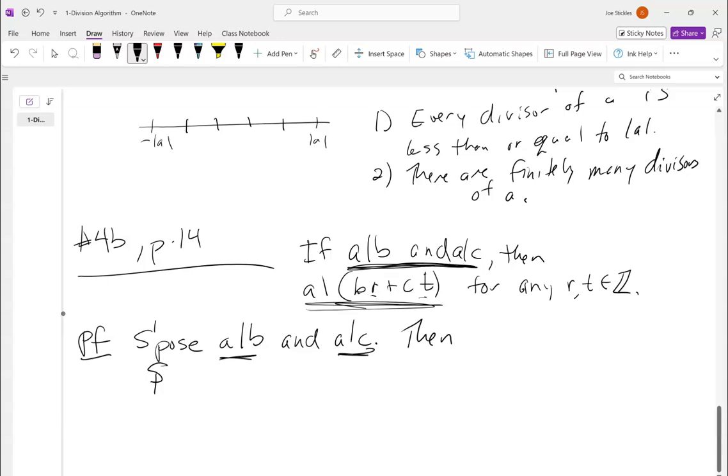But you're exactly right. Same idea. So, just pick a different letter. I'll call it X. So B is equal to A times X, and C is equal to A times Y, for some X and Y in the integers. I didn't want to use the R and the T because I didn't want to multiply by the R and the T.